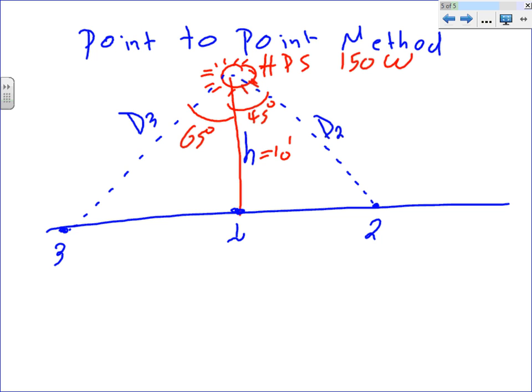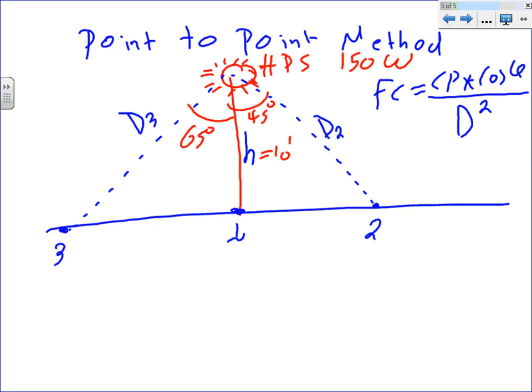Two formulas that you need to understand. Formula number one: foot-candle equals CP, candela power, multiplied by cosine Q, where Q is this angle, divided by the distance squared.